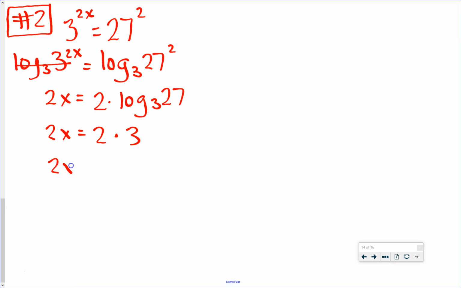So then it changes to 2x equals 6. So x equals 3. Wait, what? Okay, so what's happening here is we have another power on the other side. After we've canceled out the logs, we still have a power on the right-hand side. Move the power to the front of your log using your power property, then evaluate, and then multiply. Okay?